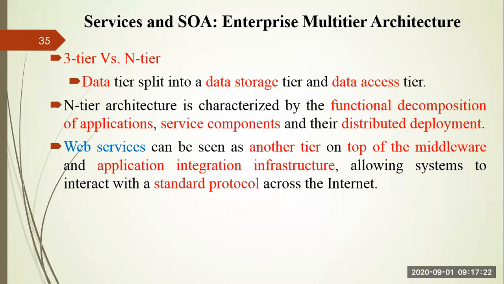Whatever functionalities are there, they are decomposed. Any application you are submitting, whatever functionality is available, we are decomposing it into multiple parts, and each part can be assigned to one tier based upon its capabilities, and you can get your services, right? And web service can be seen as another layer.